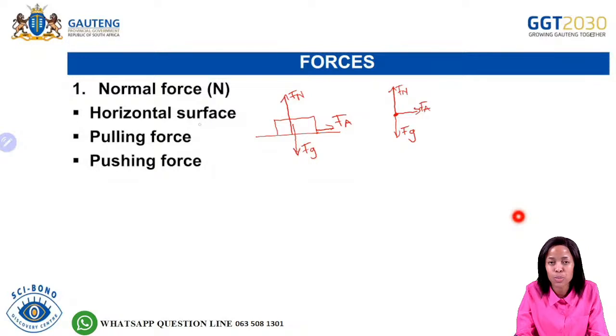What would be your formula in terms of the normal force if you just have a horizontal surface? The formula would be Fn equals Fg.